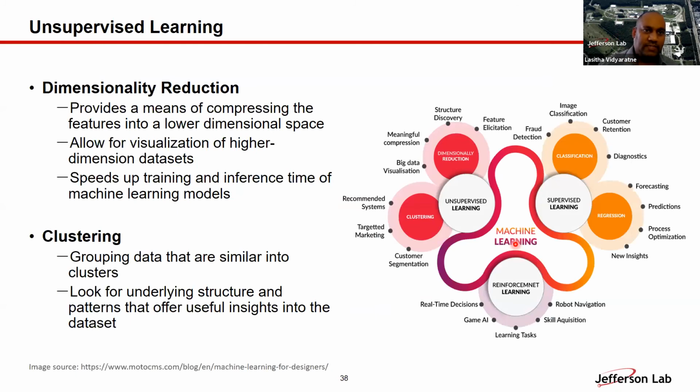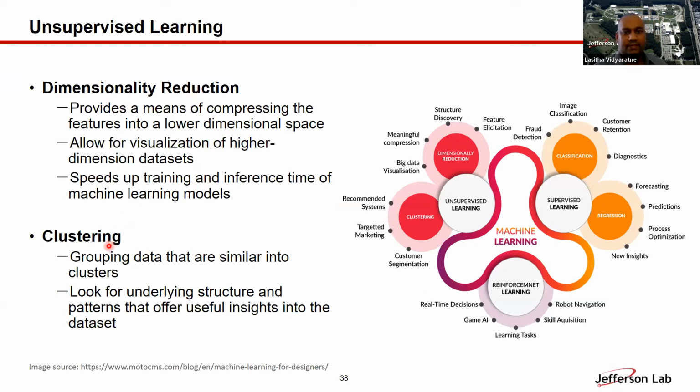So a quick idea about unsupervised learning: it is usually divided into two main segments. Dimensional reduction provides a means of compressing features into a lower dimensional space in the hopes of better visualization, as well as, in some cases, speeding up training and inference times of machine learning algorithms.